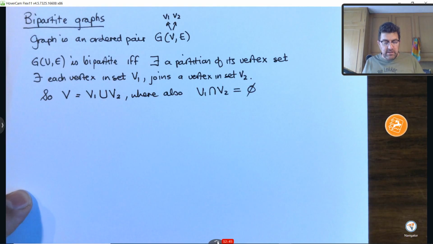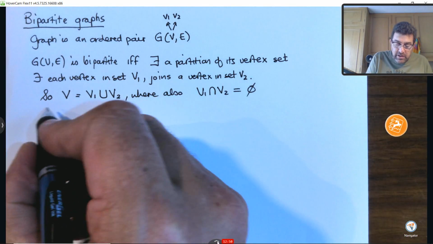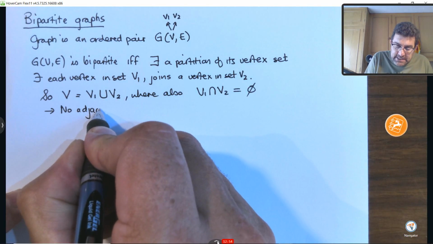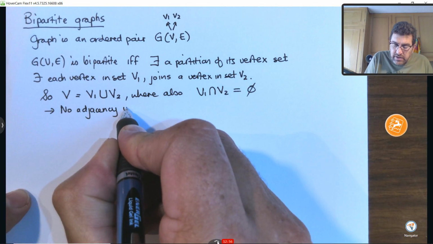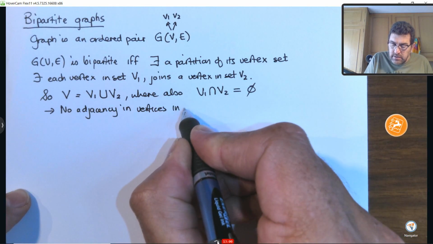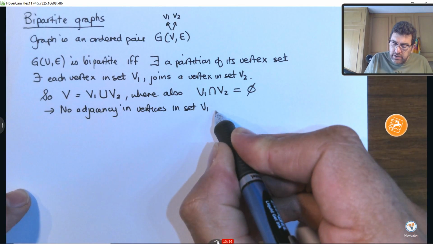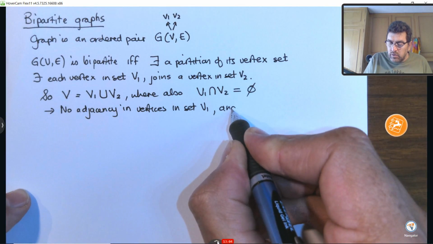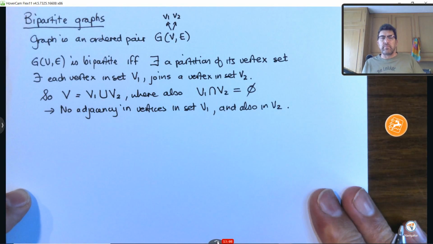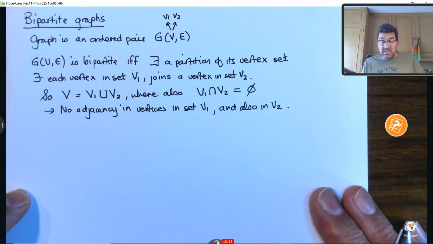This means there are no adjacencies within V1 and also within V2, so those vertices aren't adjacent to one another.